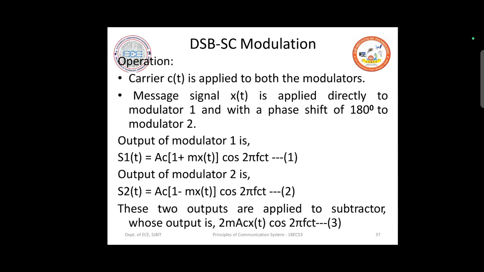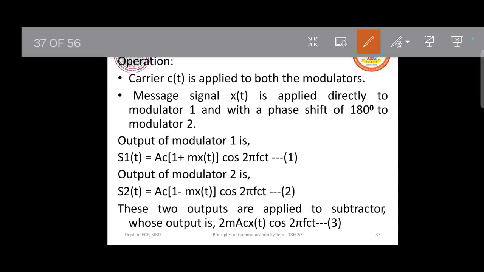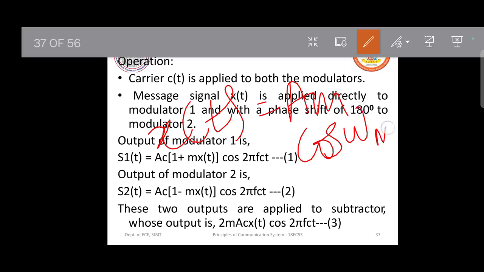Now for the time being, if you take the example of the single tone case, x of t basically becomes Am cos of omega mt. So if you take the Am cos omega mt and multiply it with cos omega ct, what you will get, using the cos a cos b formula, is 1 over 2 into cos of a plus b plus cos of a minus b.